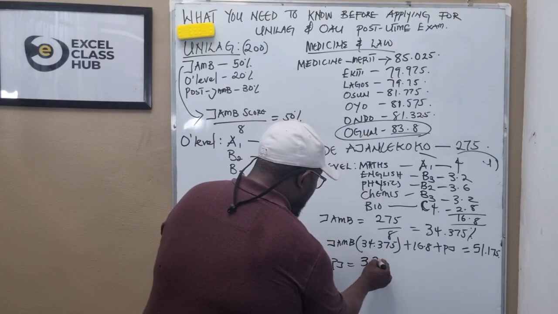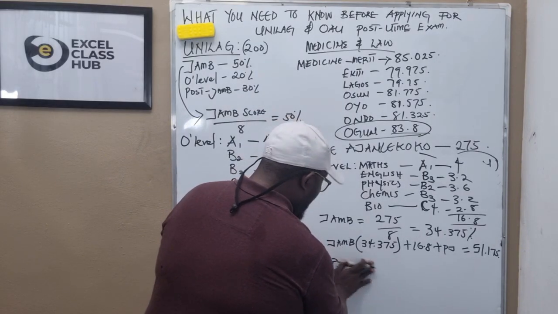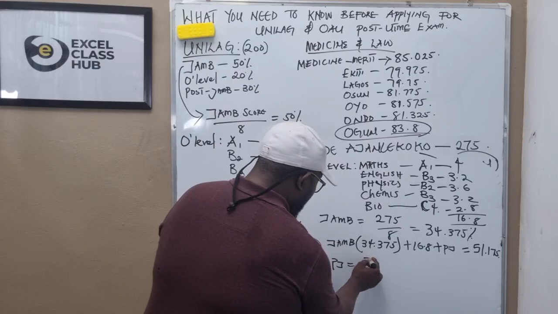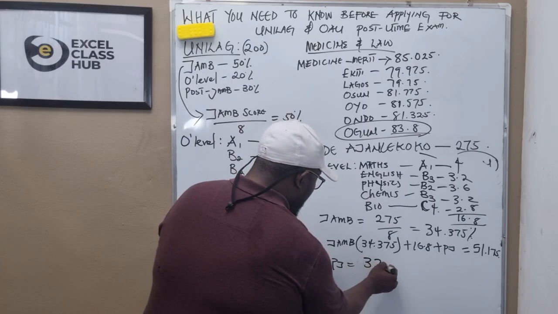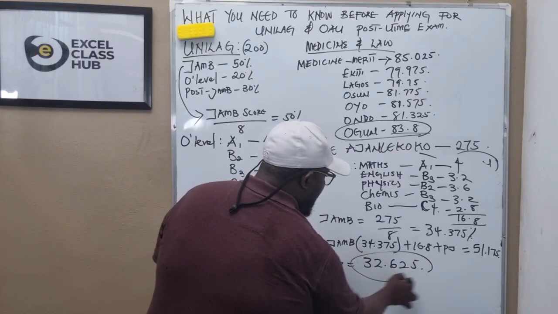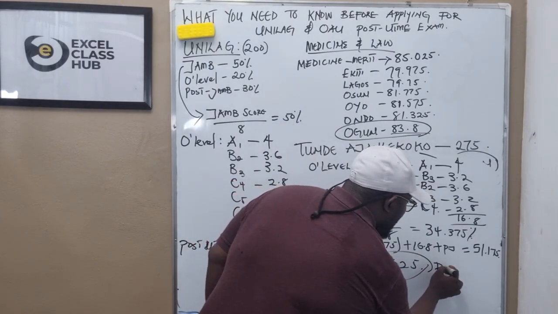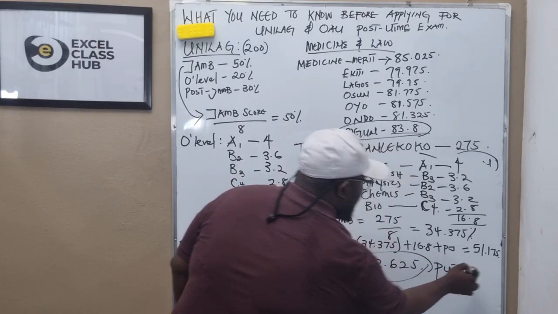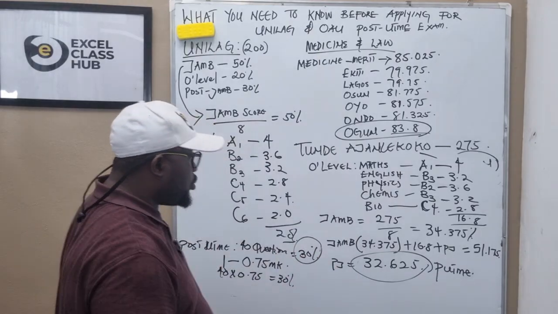So he's looking for 32, sorry. Yes, he needs to have 32.65% in post-UTME.